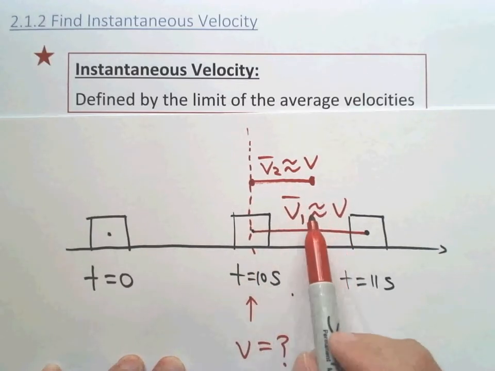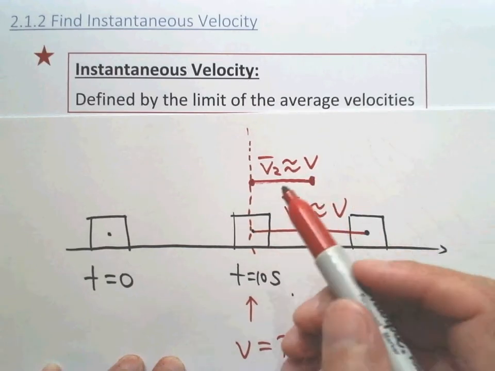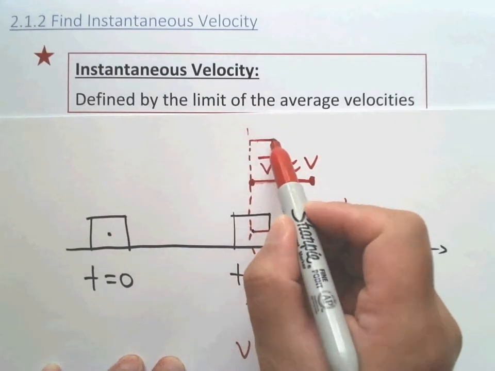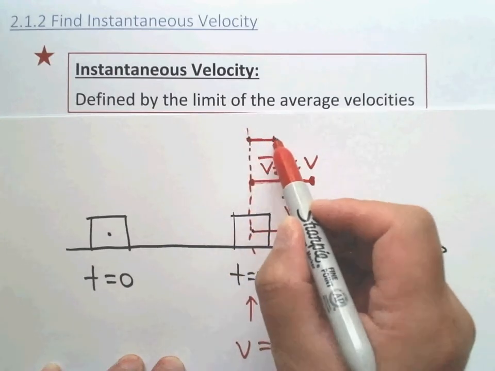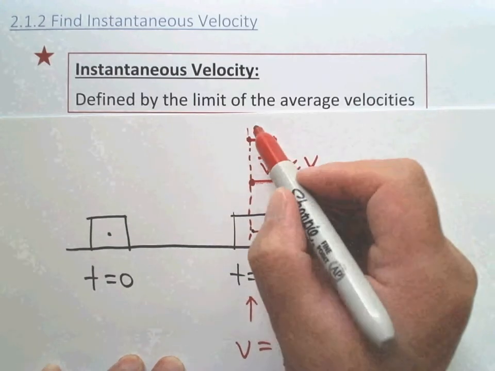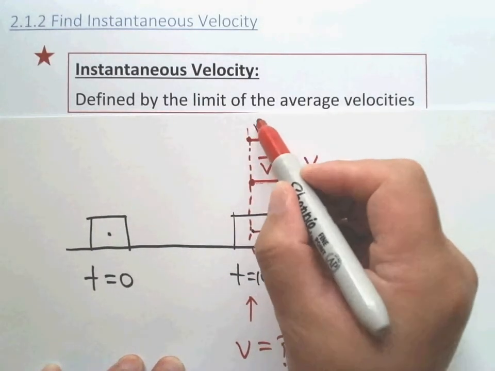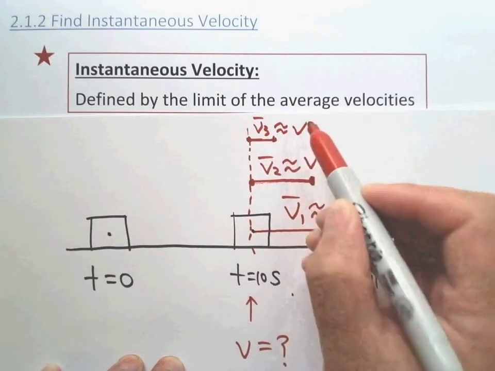You can imagine that if we want to make it much better, we can shorten again. If we do this, the object moves to here. They move for a very short time, and the distance moved is also very short. This is v3 bar, and we use it for approximation.